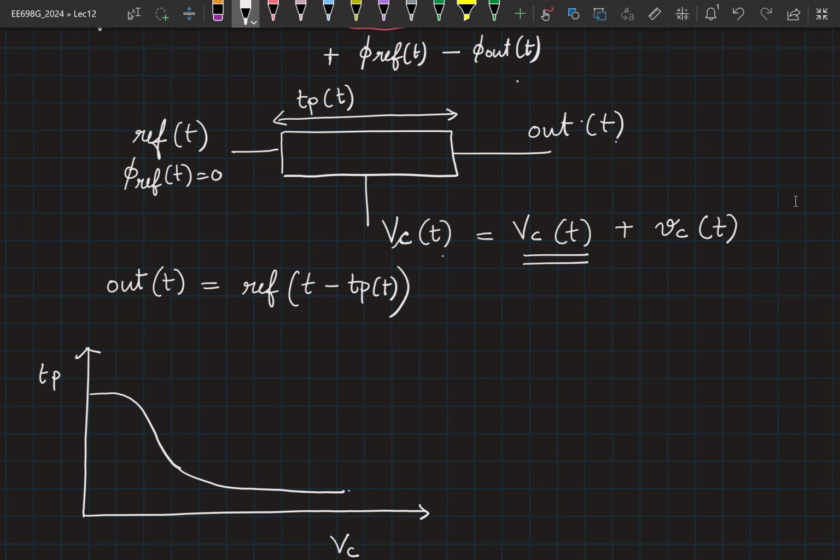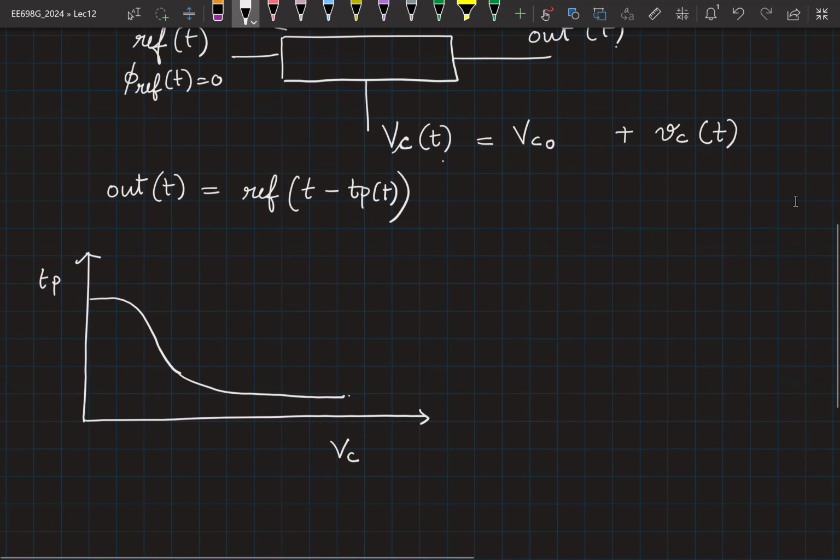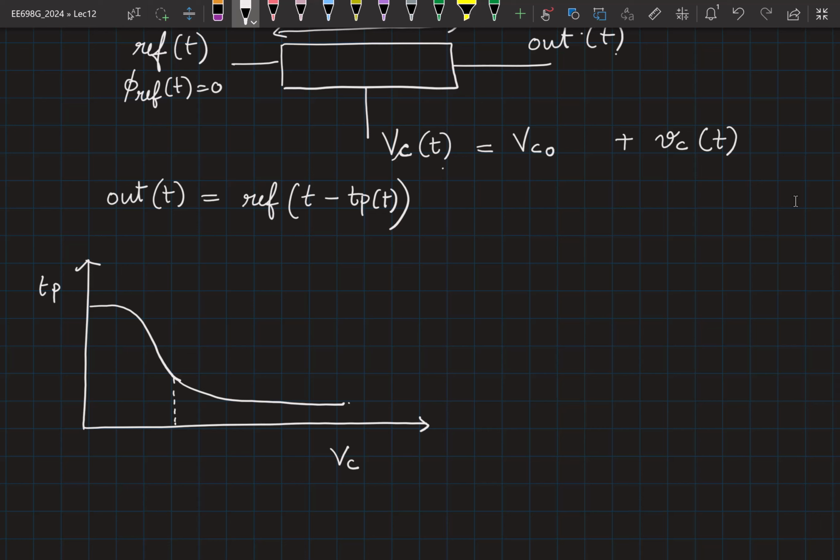And in doing our continuous time model, we are interested in that average behavior. So this is not a function of time anymore. Right? And because capital C and small c can be difficult to differentiate, I'll simply add a 0 here. So VC operating point. Okay. So now at VC operating point, what do you expect the delay to be? That delay is going to be Trf.